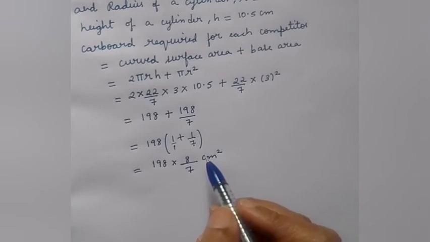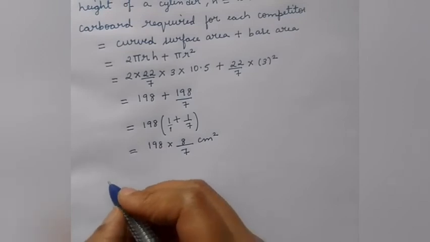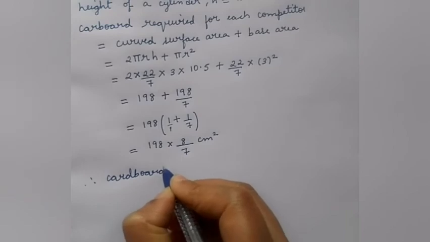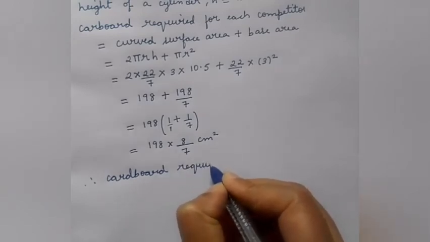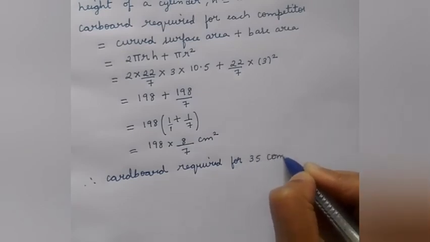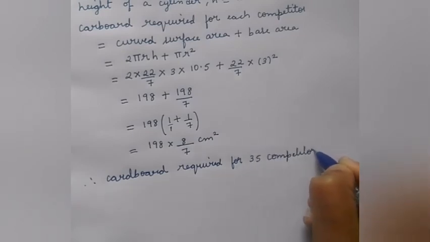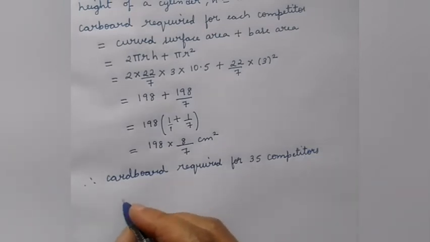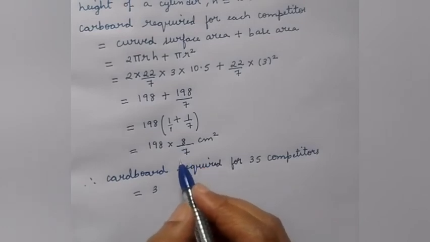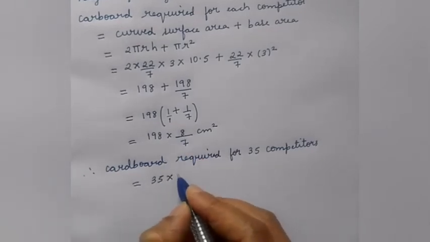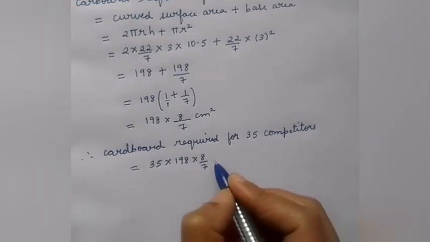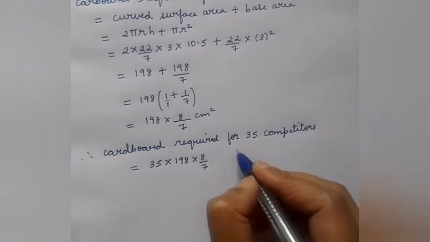Therefore, the cardboard required for 35 competitors is, for each it is 198 into 8 divided by 7. So for 35 it is 35 into 198 into 8 divided by 7, because there are 35 competitors.